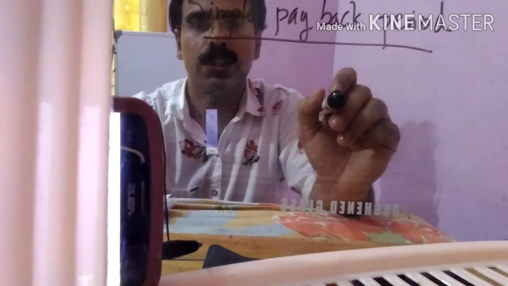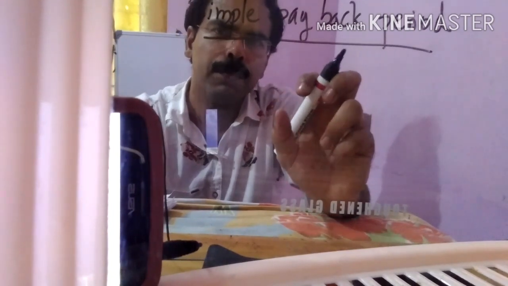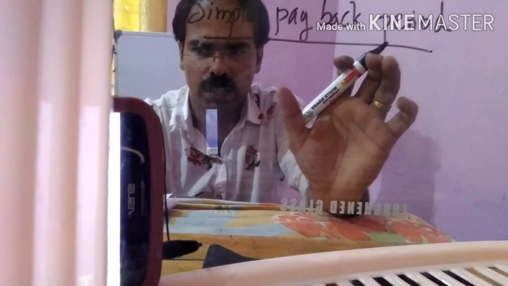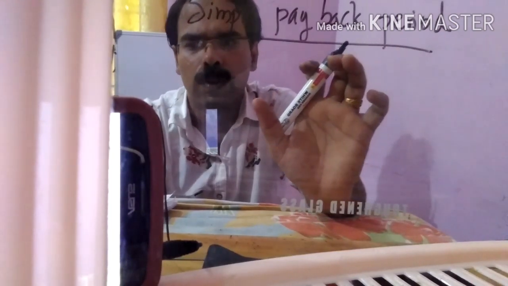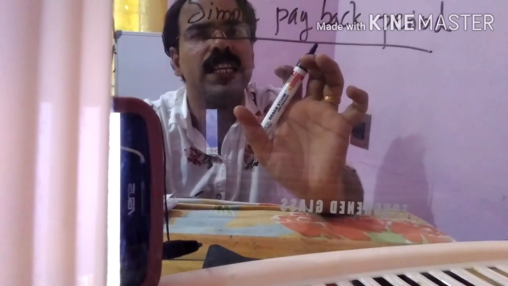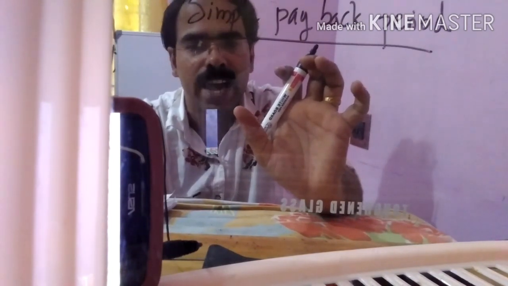Next, we can go through the term called simple payback period. What do you mean by simple payback period? Simple payback period is a time period. It represents the number of years required to recover the initial investment, considering only the net annual saving.